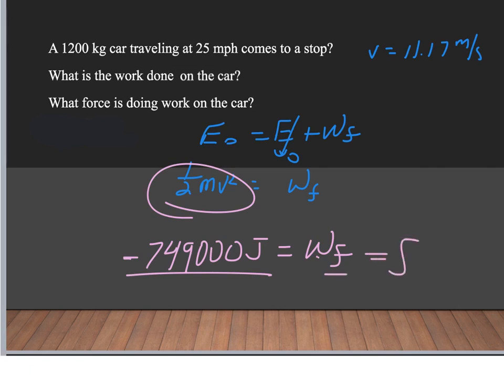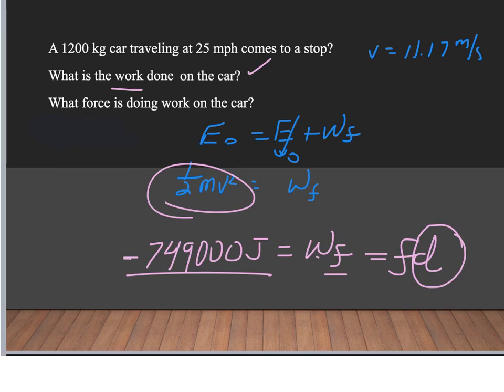If we wanted to calculate that, we would have to know the distance that the car is sliding. And we can just figure out what the frictional force was. We can even take that a step further and figure out what the coefficient of friction is between the surfaces. Right, but it's just another way that they're going to test you on understanding the definition of work.